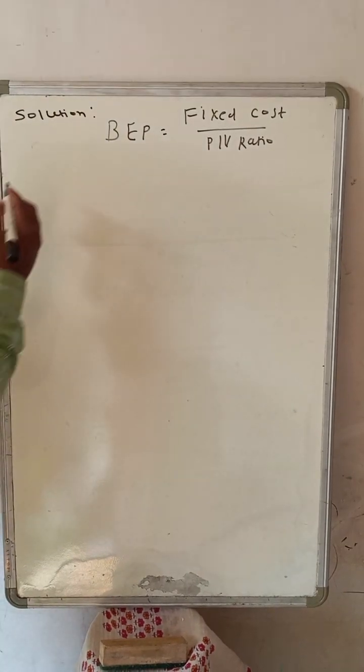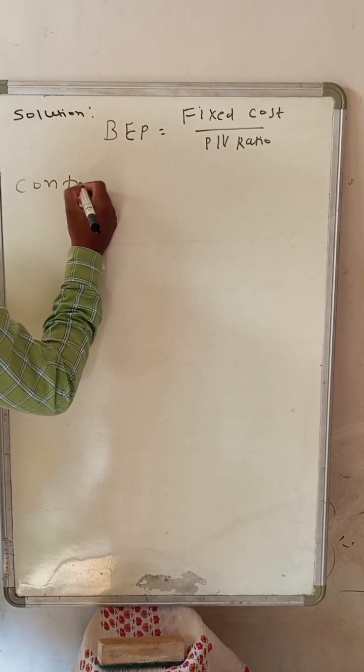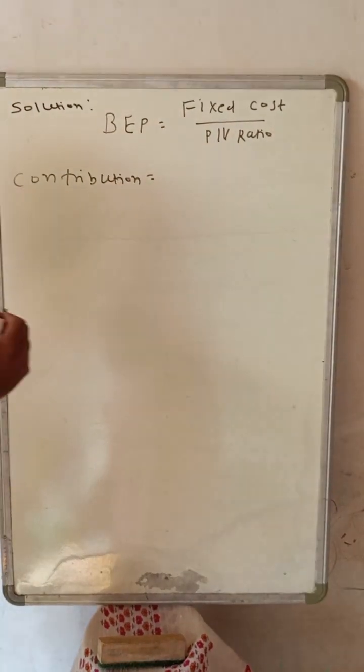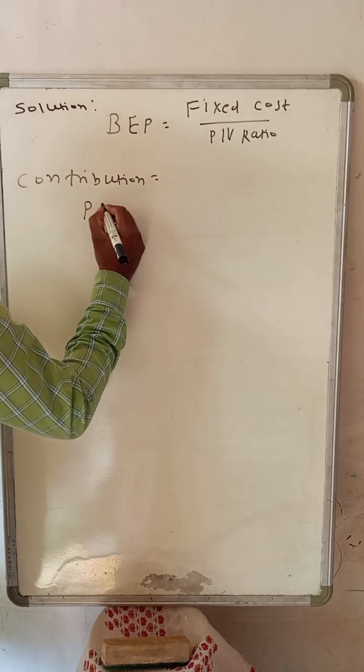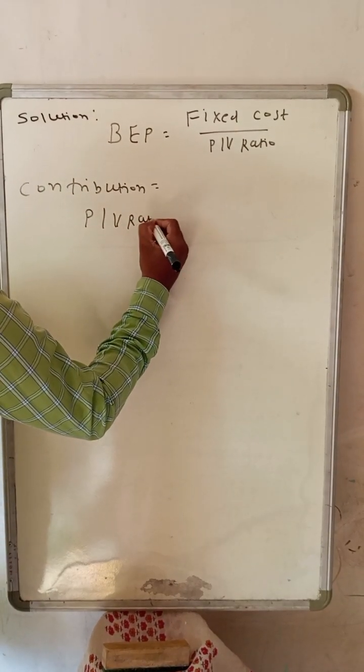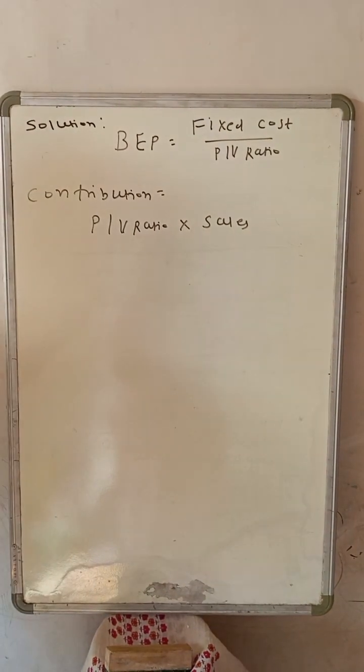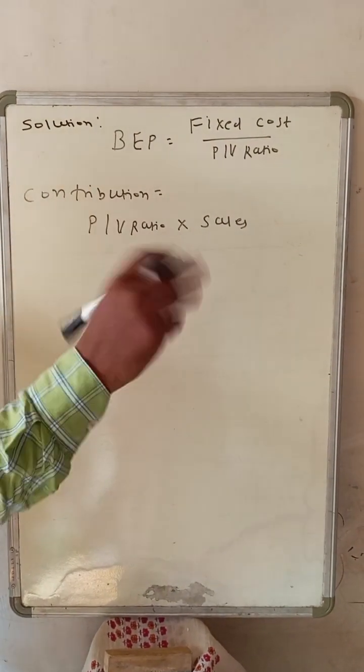First of all, we can find the contribution. We know the formula of contribution. Contribution is equal to PV ratio into sale. There are two periods given. You may choose any one of the two.